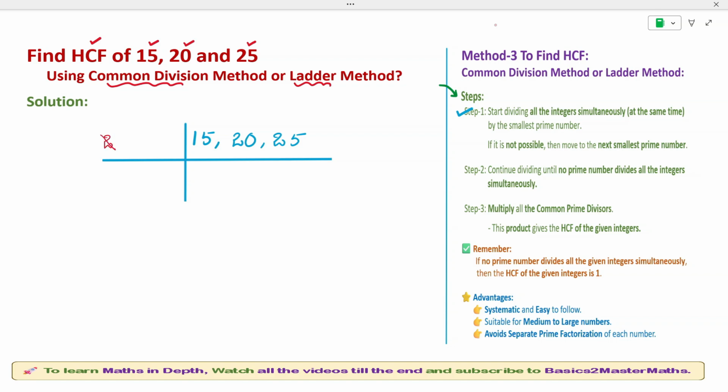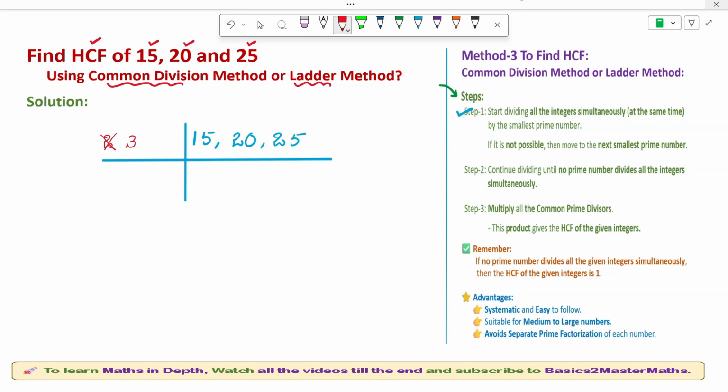Since 2 does not divide all three integers 15, 20 and 25 exactly, we move to the next smallest prime 3. Again, since 3 does not divide all three integers 15, 20 and 25 exactly, we move to the next smallest prime 5.